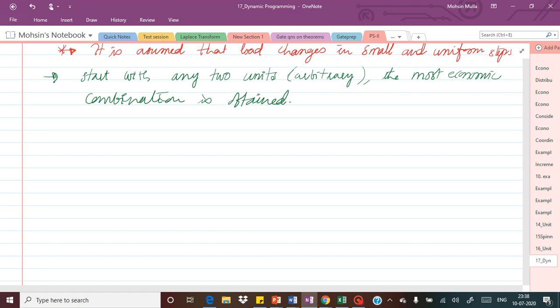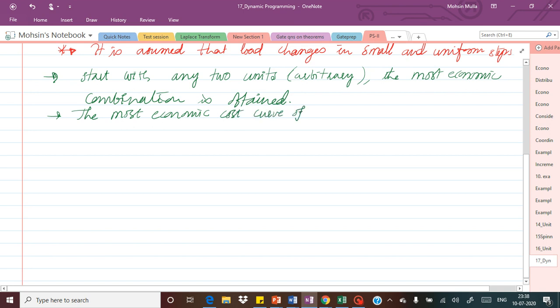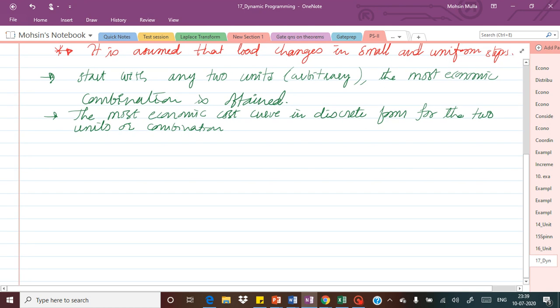I'll just write that point here: by doing discrete steps of loading, the most economic cost curve in discrete form for the two units, meaning the combination for the two units, is determined, or plotted.